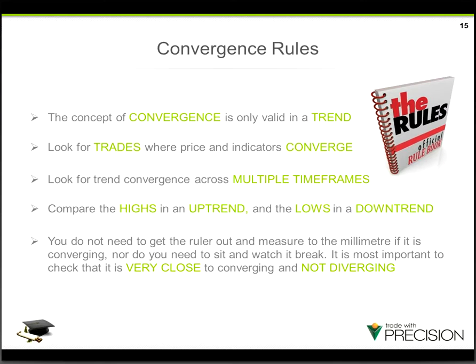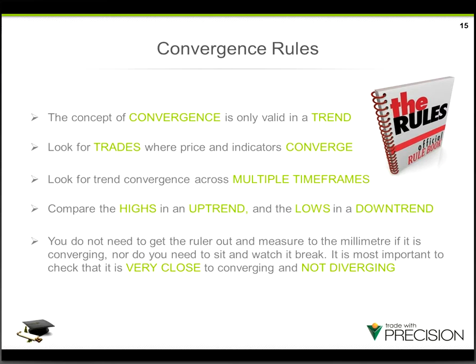And we don't want to wait and watch price break the level before coming to a decision on that convergence. It's important to check to the extent that convergence is very close and that the indicators are not diverging. That will come with some experience from watching price action, but we'll take a look at several examples throughout the series to help you get off to a running start in predicting convergence, because you really need to do that in order to get the momentum breakout trade right.